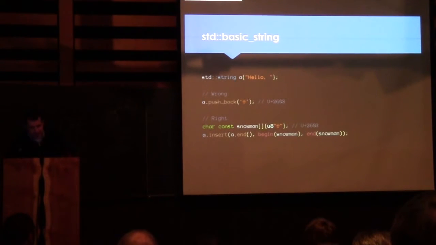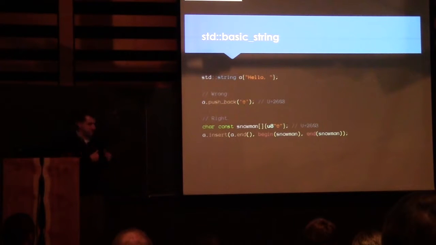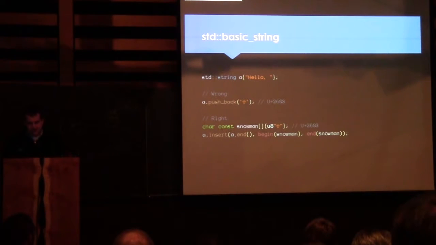As I have an example here, if you want to push back a snowman and say hello to it, you can't just call push_back. You actually have to have the snowman in a UTF-8 string and then copy all the elements into the back. We also could have constructed a std::string and used plus equal or done any number of other ways to do that.